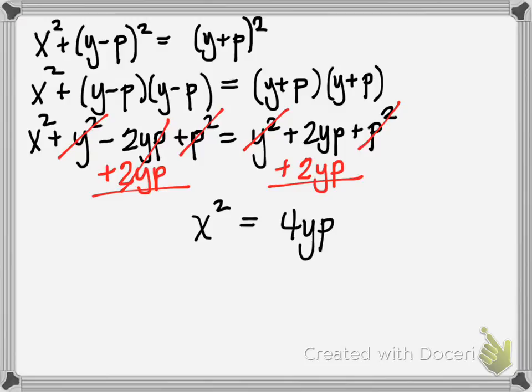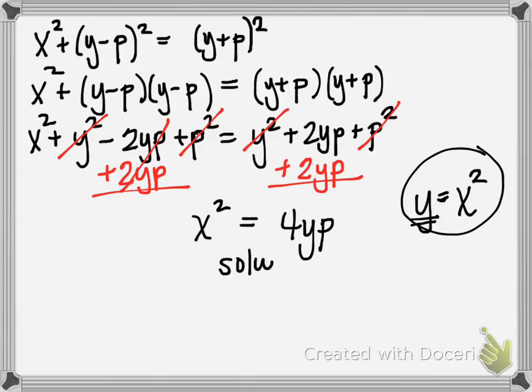Now remember, this is an equation for a parabola, so I always encourage you to think back to the parabolas we've already studied. We've been studying parabolas with parent functions of y equals x squared. So we'd like to have y by itself, since this was a parabola that opened up. So let's go ahead and take this equation and let's solve for y.